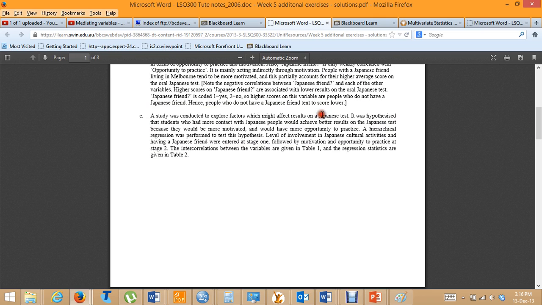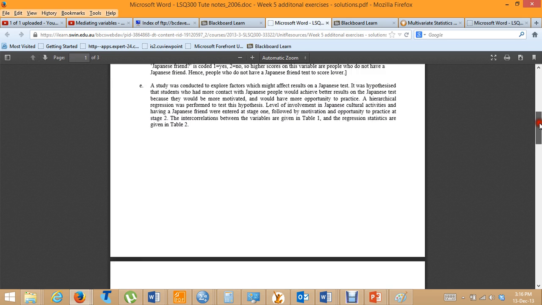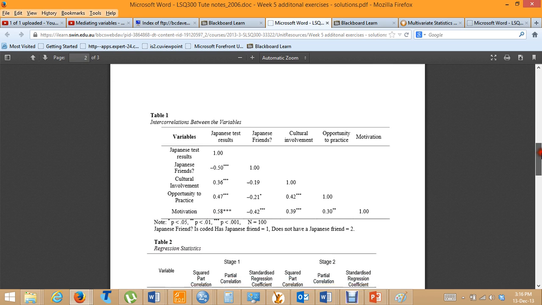Okay, so you have setting the scene, hypothesis, analyses conducted including which variables were entered at which stage, and then you state that the correlation matrix, or the intercorrelations, are presented in table 1, and the results of the regression are entered in table 2.